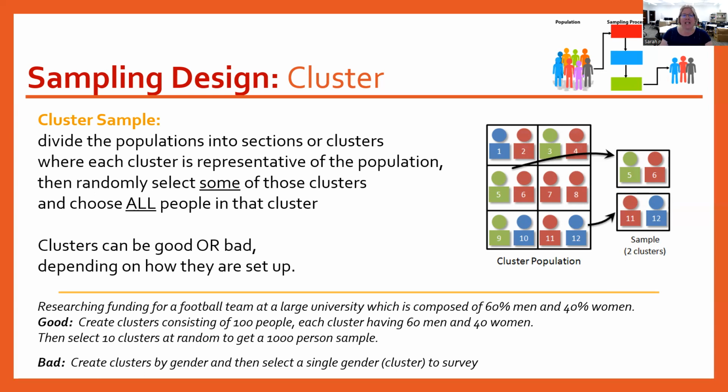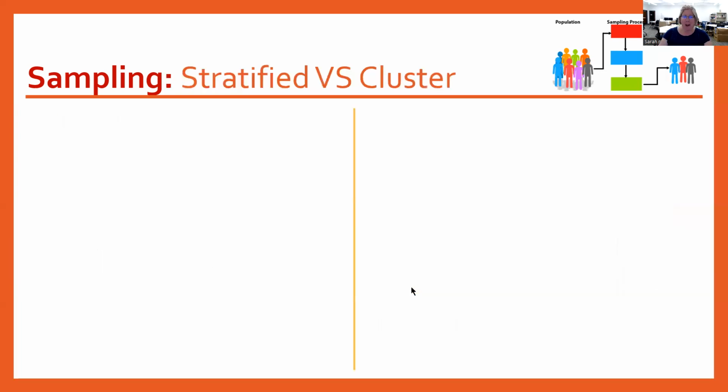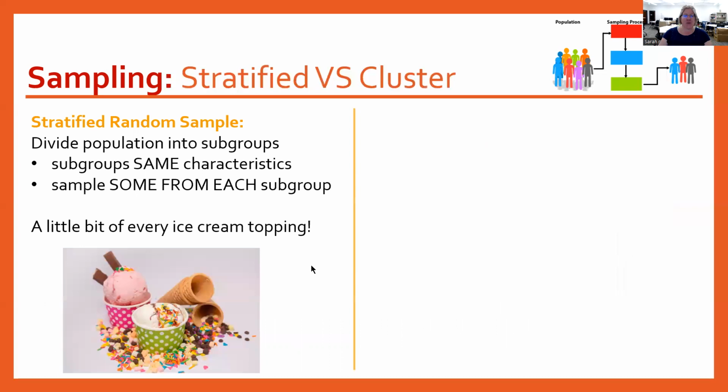All right, let's look at these two from the perspective of getting ice cream at an ice cream shop, because maybe that'll help clear it up a little bit. Okay, so the stratified would be like if I went to the ice cream shop and got some ice cream and I put a little bit of every single topping onto my ice cream. So there's chocolate and caramel and strawberry sauce and coconut and gummy worms and sprinkles and everything that they have, right?